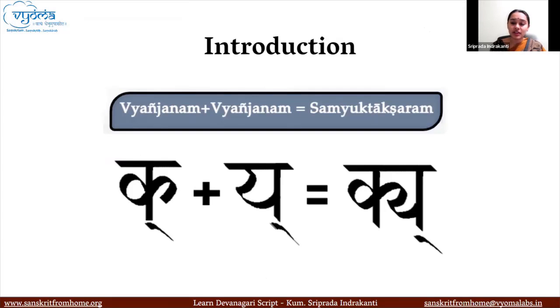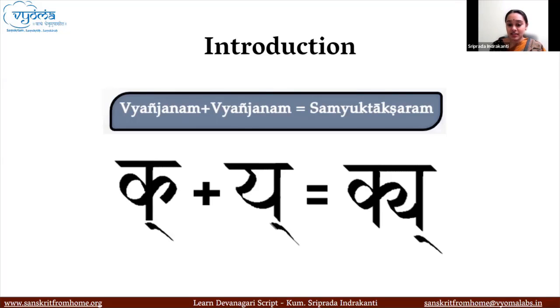And the more you read text in Sanskritam and read more books in Sanskritam, you get a hang of which vyanjana and vyanjana makes which Samyuktaksharam. It's more of a practice-based learning. We cannot learn every single type of Samyuktakshara possible. There are thousands, but we will learn the most frequently used and the ones which will give you an idea of how to read it.